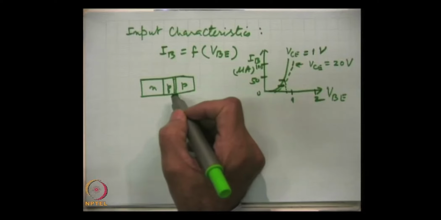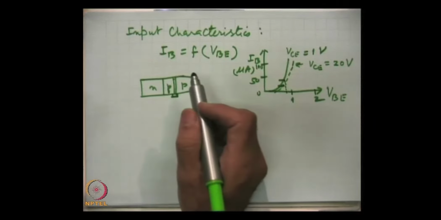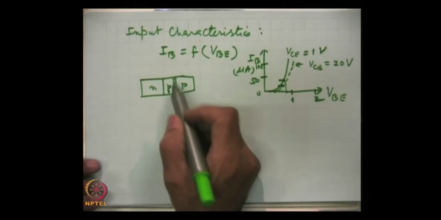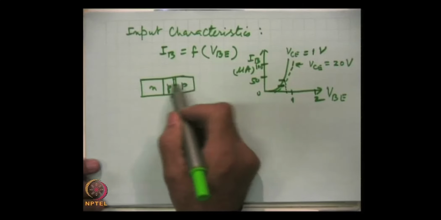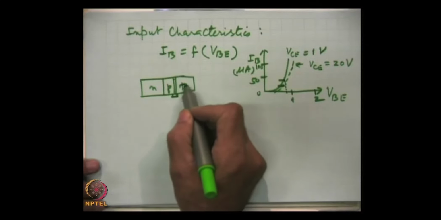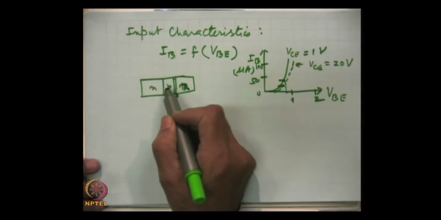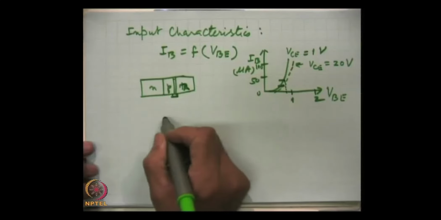Now, very important point, that the spread will be there and this spread will be more in the less doped base region, because in comparison to the collector, base is more lightly doped.